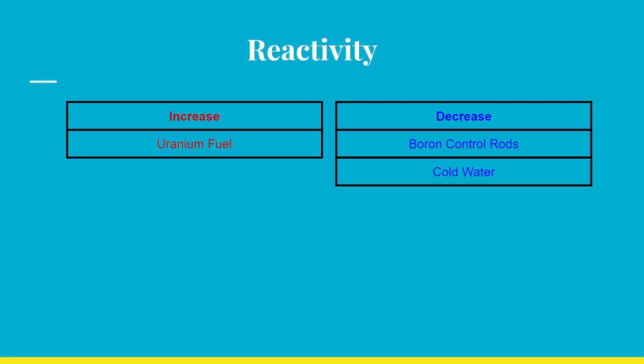So what you're going to have happening here is cold water being pumped into and out of the core. This cold water being pumped in is a coolant, and so it will help cool things down and actually decrease reactivity.